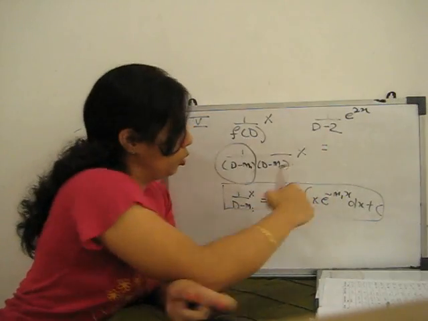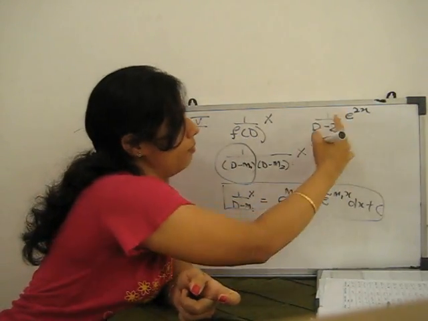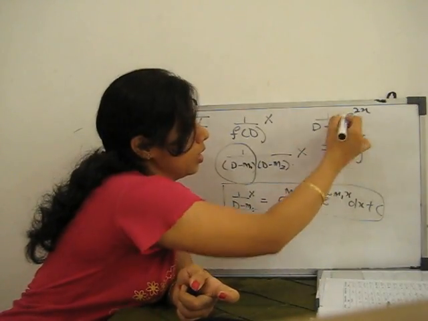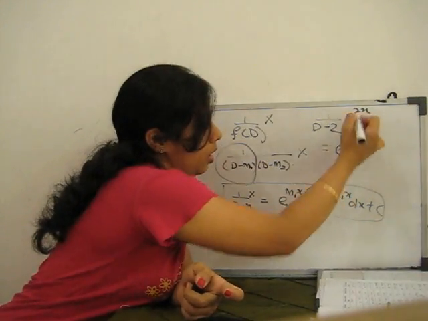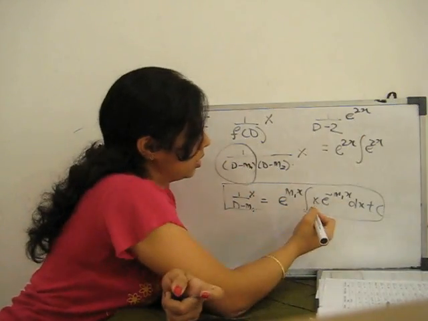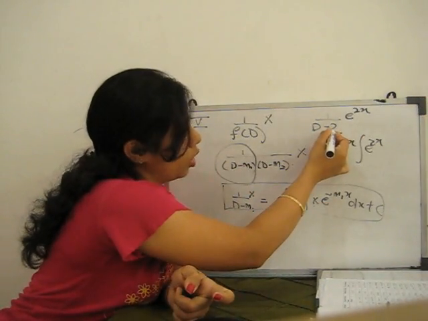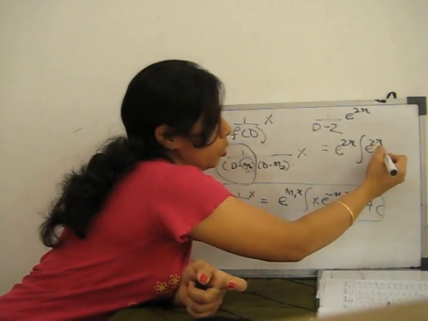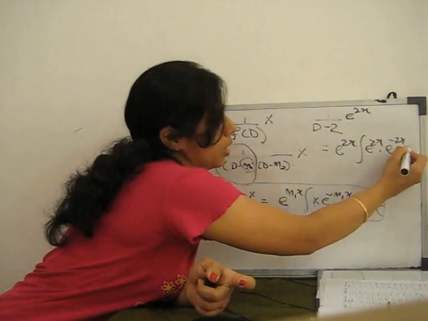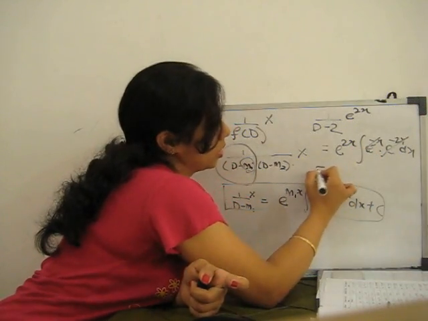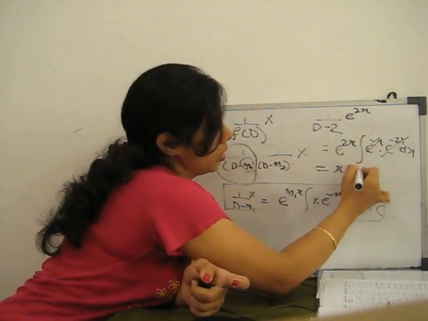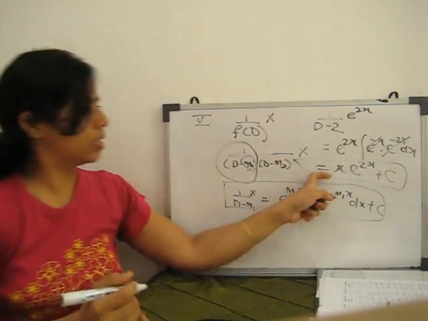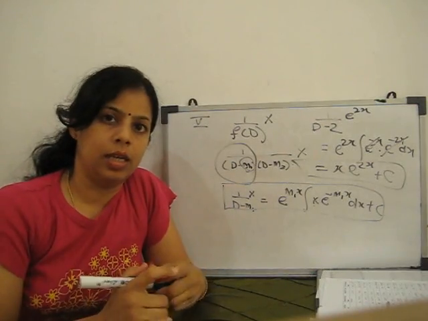So we use this e to the power m1 x. m1 is 2, so e to the power 2x times the integral of e to the power minus 2x into e to the power 2x dx. So e to the power minus 2x times e to the power 2x gives 1, and the integration of dx gives x. So our PI is x e to the power 2x plus c.